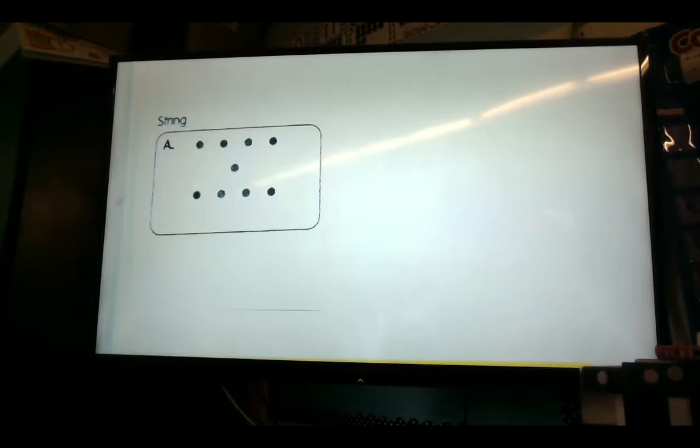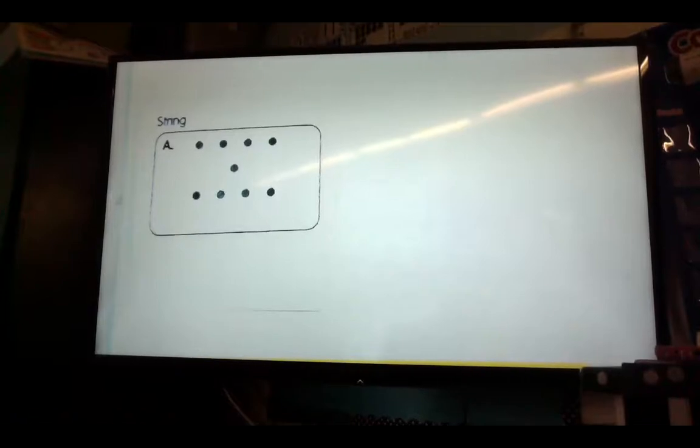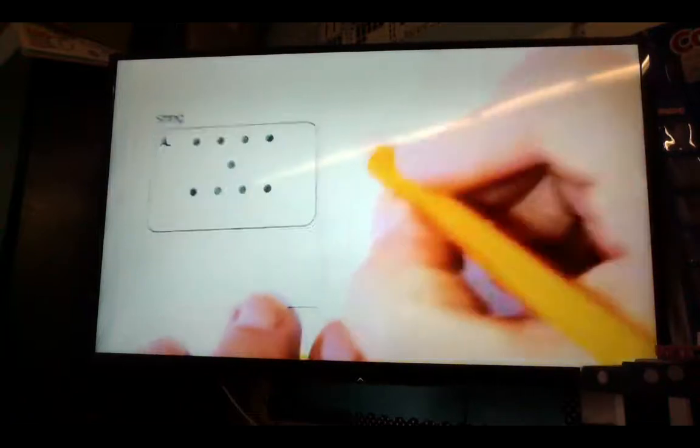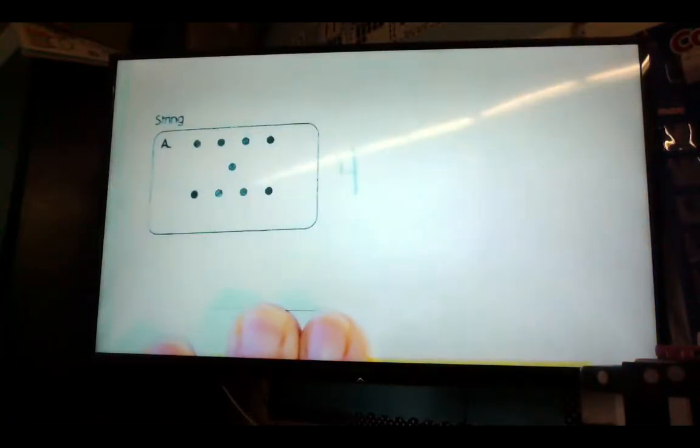You might have said, I see 4 dots on the top, 1 dot in the middle, and 4 dots on the bottom. Let's write an equation to match. Here we go. I see 4 dots on the top.